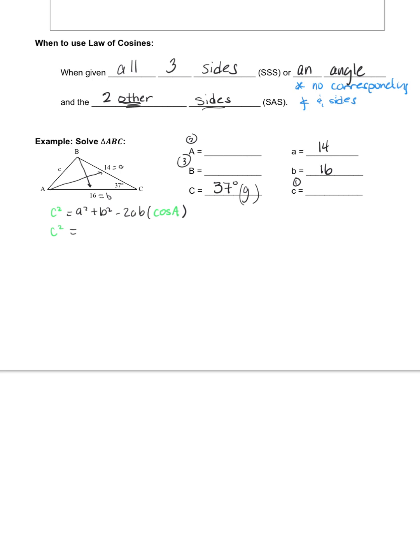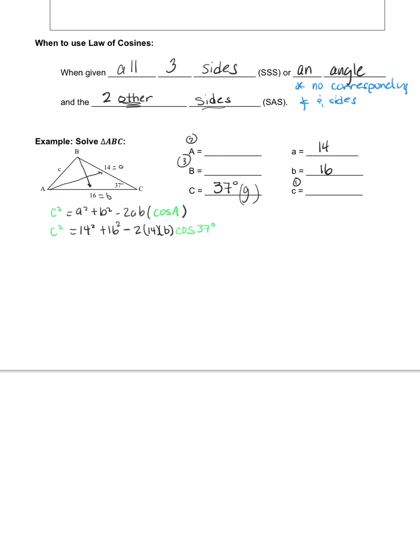Okay, so a squared is, a is 14, b is 16, and I'm minus 2, oops, 16 squared, excuse me, 2 times a times b times the cosine of a, and a is 37 degrees.